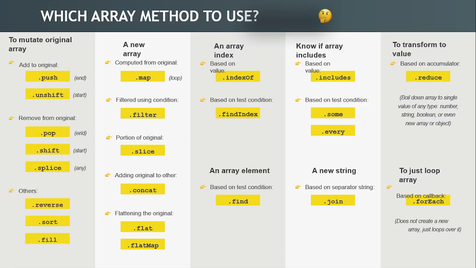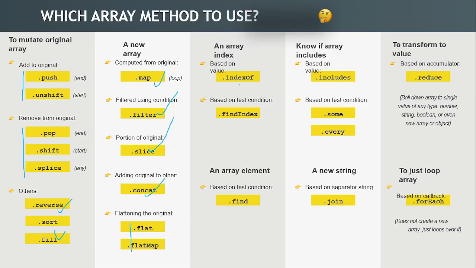The ones I remember we talked about are these ones, the pop ones, and in this one we have not talked about any of these, but you can look up reverse and sort and even fill. The only ones we have talked about are map and filter. And slice and concat, we talked about them. But then there is this one of flattening. I will not look at these ones, but you would want to research flat and flatMap.